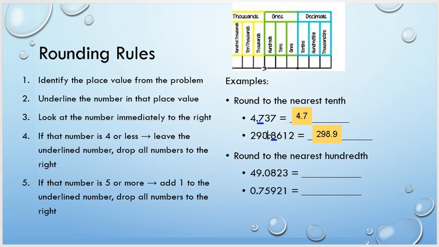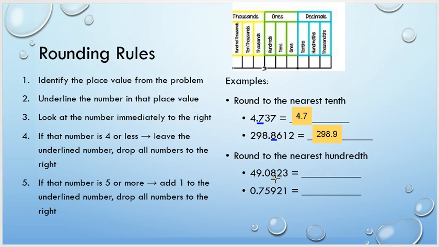So let's look at another one. This next set says round to the nearest hundredth. Tenths, hundredths. Notice here's the decimal, so 1, 2 numbers after the decimal. I'm going to keep 2 numbers after the decimal. So underline the number that's in that place value. Here's the decimal, so 1, 2.